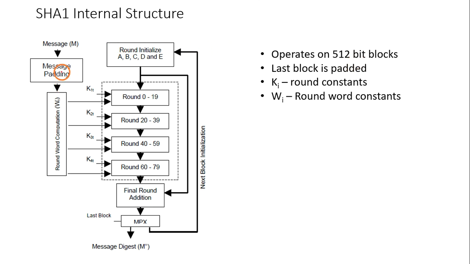From this padded message, the round word constants Wi are generated. These word constants go as input to the rounds.